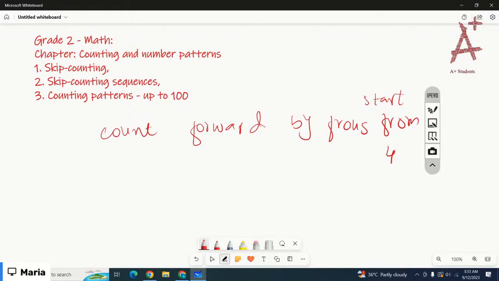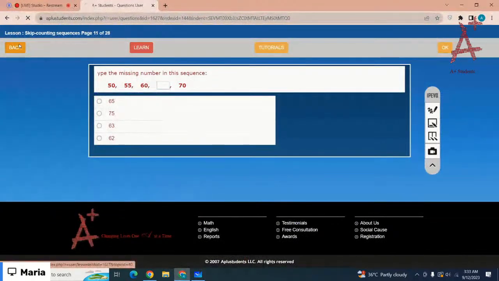So you start from 4 and count forward. Count forward means for each next number you have to add 4. So 4, 8, 12, 16, and 20. That's how you make the patterns. Let's go to the lesson and do some practice questions.